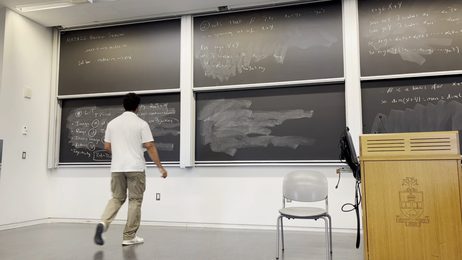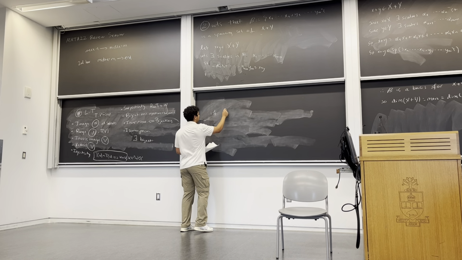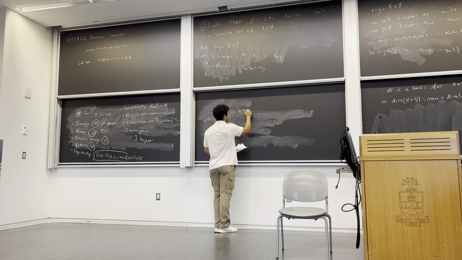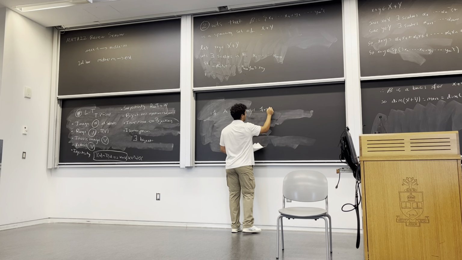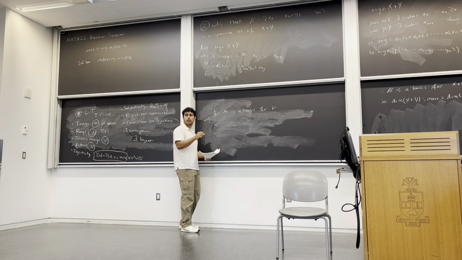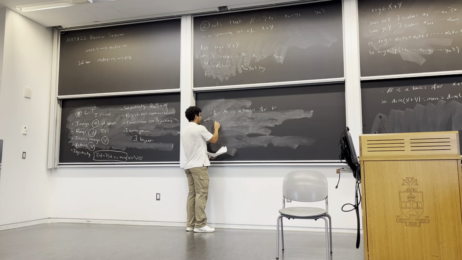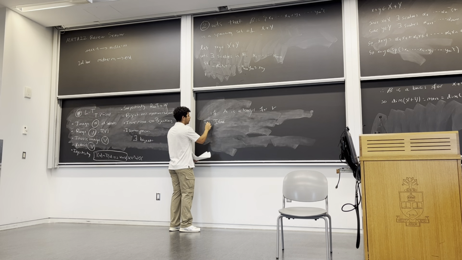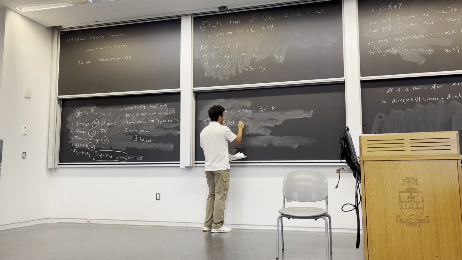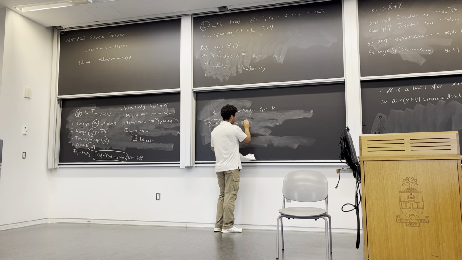So the question is, if A is a basis for V, you want to take the span of the image of A, and you're saying that's equal to the range?